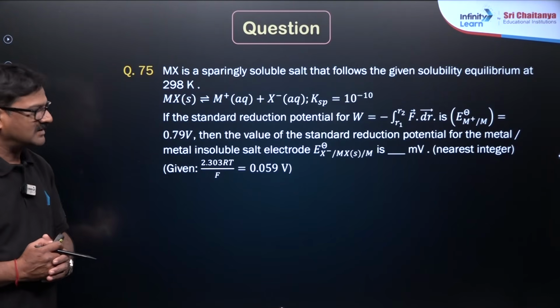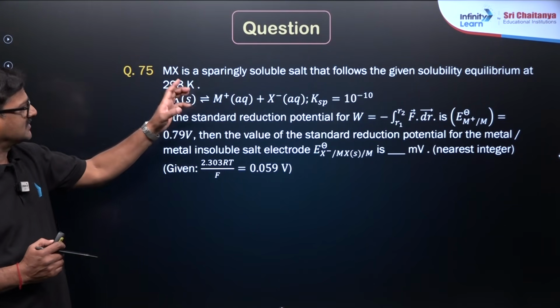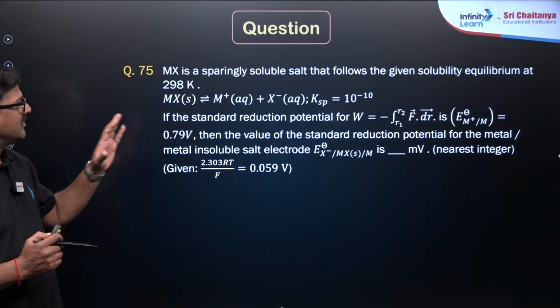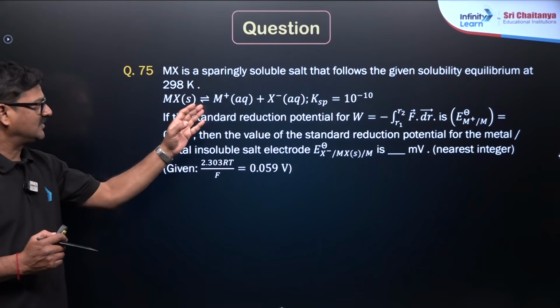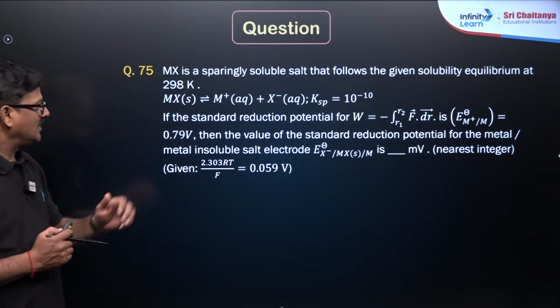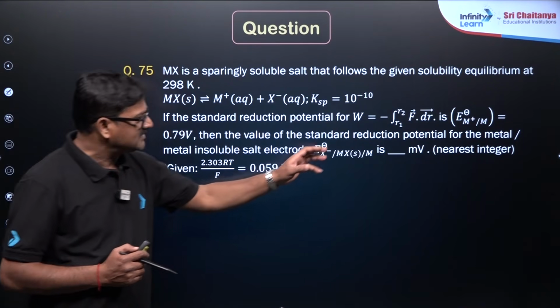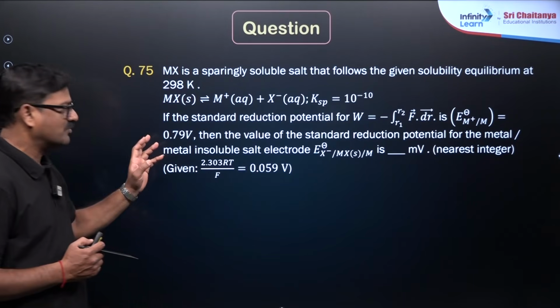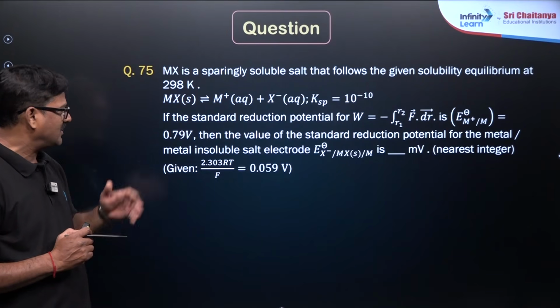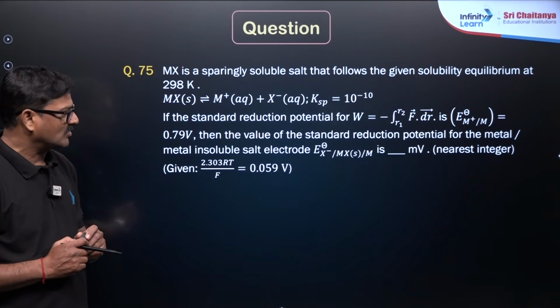Children, the question is: a salt MX is a sparingly soluble salt that follows the given solubility equilibrium. MX gives rise to M plus and X minus. Ksp is given as 10 power minus 10. And the standard reduction potential of M plus and M is given as 0.79. And then the value of the standard reduction potential of the metal insoluble salt electrode.